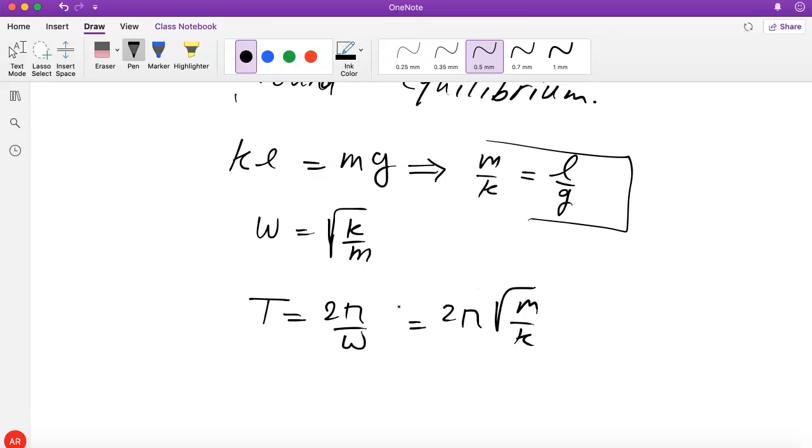Like the things we don't know kind of naturally don't appear in our final answer. And just knowing g and L is enough to figure out the period, the time it takes for one full cycle. So that's going to be 2 pi square root of L over g.